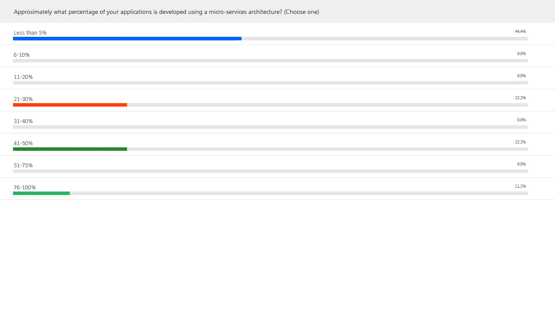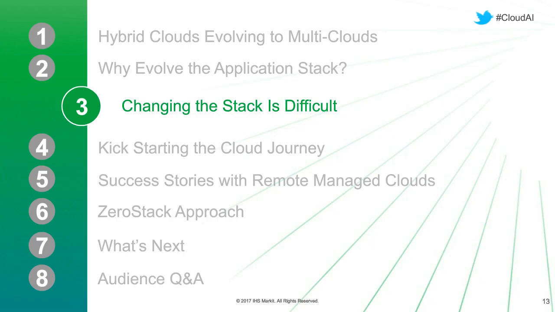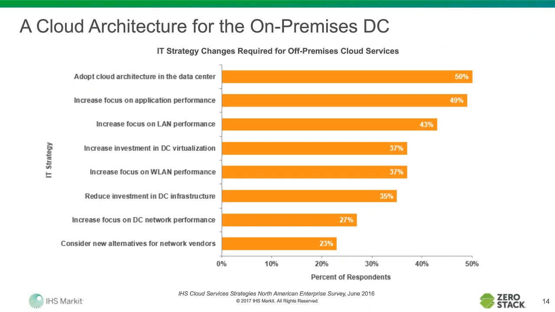So why don't we take a stab here at looking at what makes changing the stack somewhat difficult as well. And one of the things we asked some of our enterprise clients is, what kind of changes do you need to make to adopt cloud services, be it in your data center or move to the cloud?